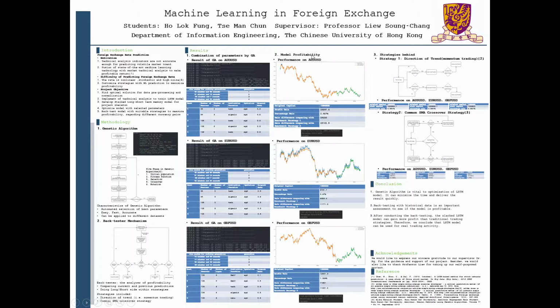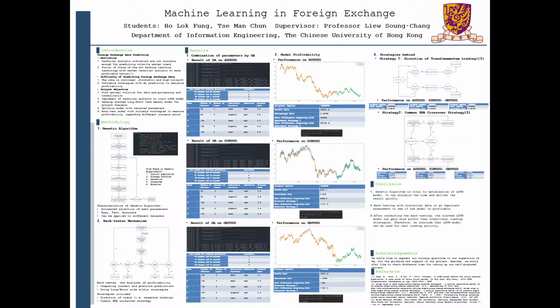And we found that our model can outperform this type of strategy, and then we conclude that this model is possible to make a profit in the real financial market. And here's our conclusion. The genetic algorithm is vital to the optimization of the LSTM model because it can minimize the time and deliver the optimized training parameters quickly.